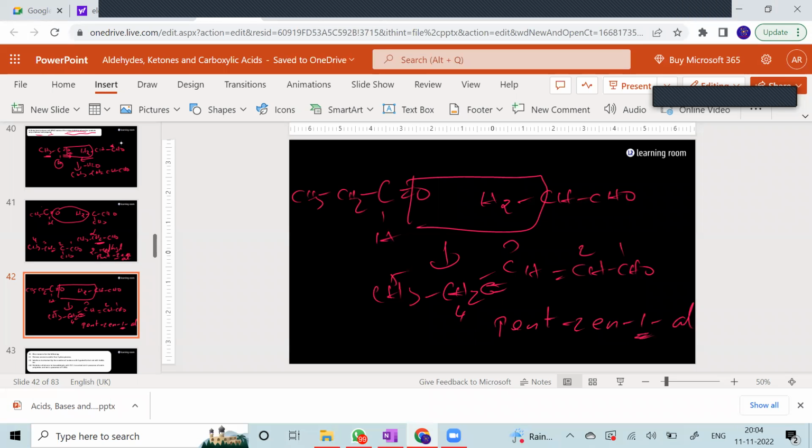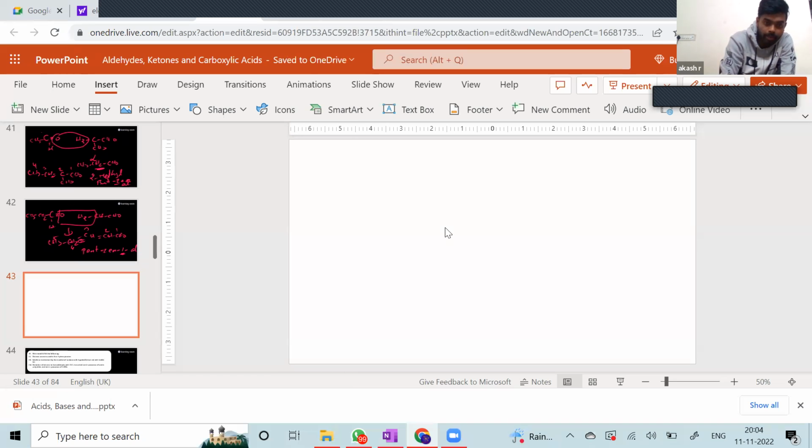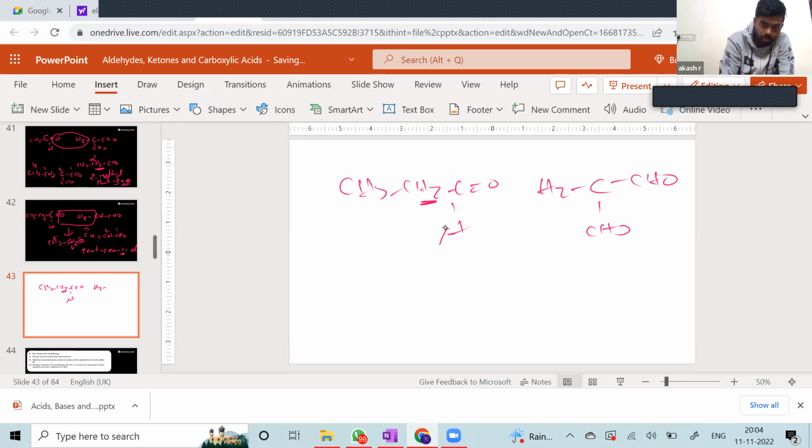Sir, in self, there'll be 2 products, right? Yeah, one more self also will be there. That also we will do. That is basically propanal with propanal. So you protrude 1 C double bond O like this, and you protrude these 2 hydrogens, that is H2, C, CH3, and CHO is going to be there.